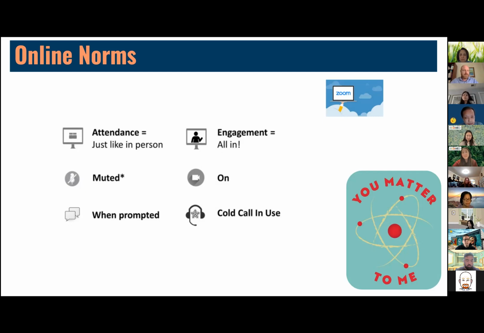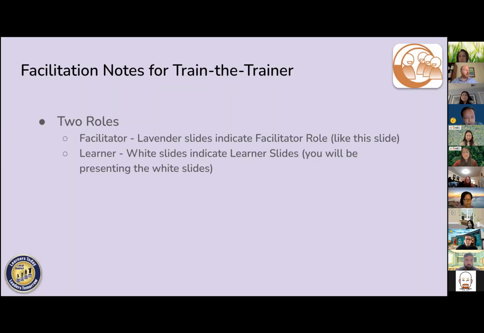You will also notice as we're going through here that the background slides will be white for most of the time, and other times it'll be lavender. The reason for the color difference is that there's a leadership PD. So we're going to be asking you to fill 2 roles today: you're going to be a learner and you're going to be a facilitator in the future.